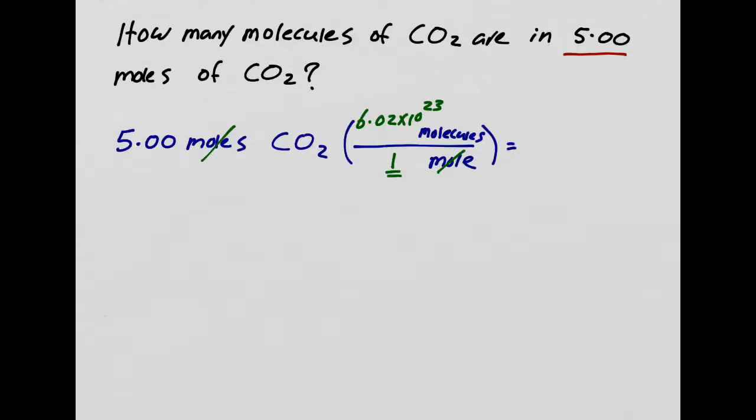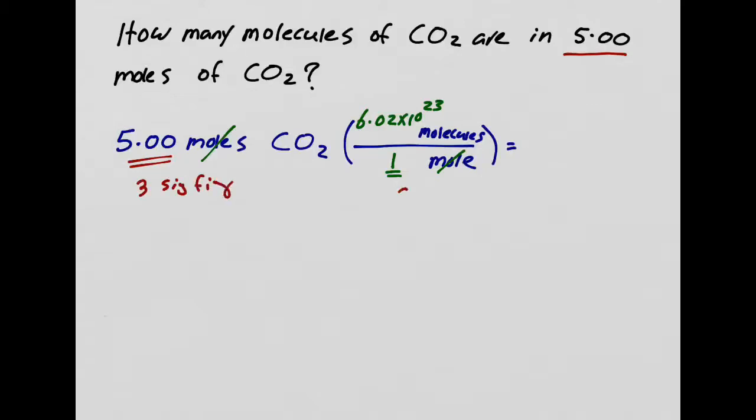Now, make sure you have your calculator out and make sure you get this right. So it will be 5.00 times this number. Before we do this, how many sig figs should our final answer have? So let's go over this. This is 3 sig figs.